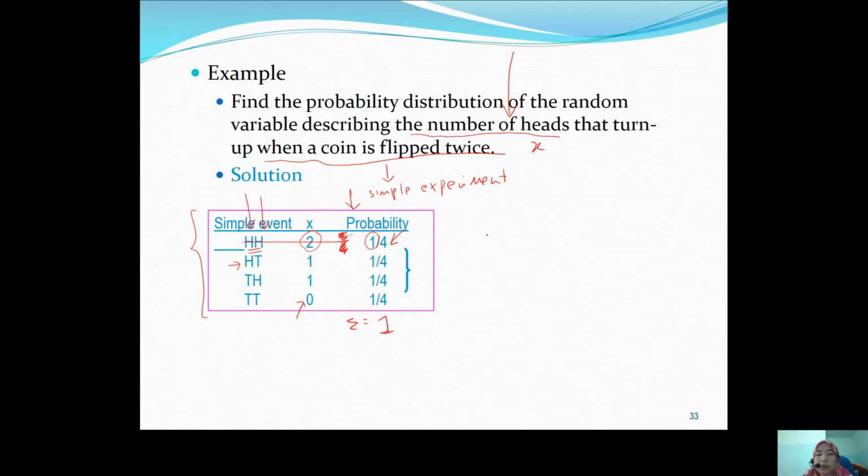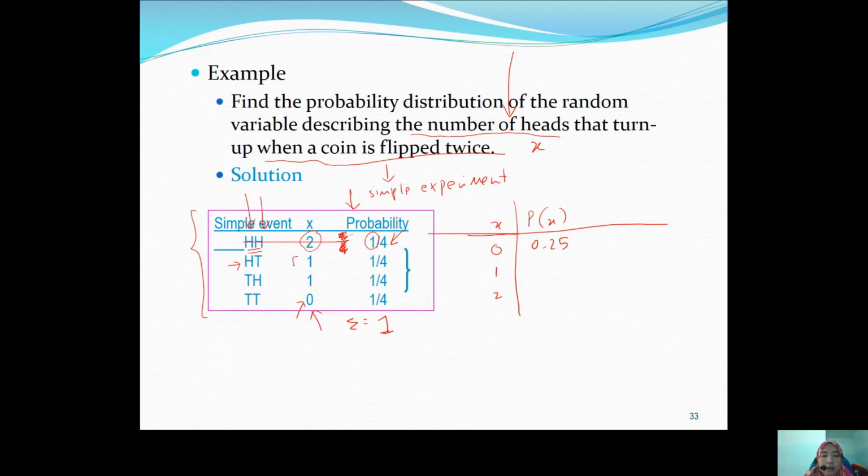The one in the table, we can write down as the probability distribution. So we have X, then we have P(X). X starts from 0, 1, 2. P(X) when X is 0 will be based on this one, so the value is 1/4, or in decimal numbers 0.25.